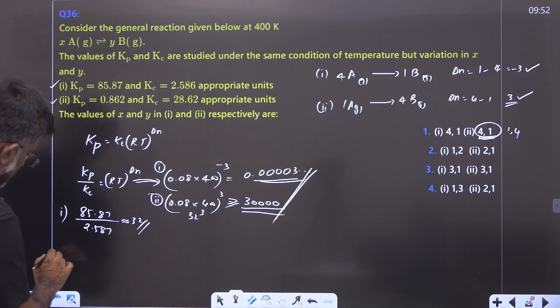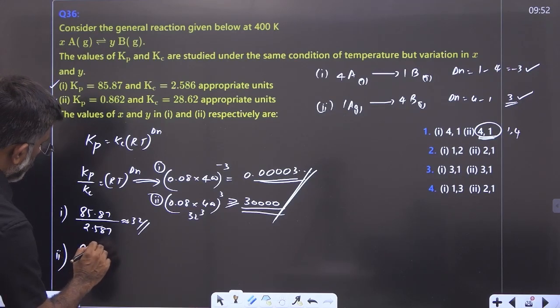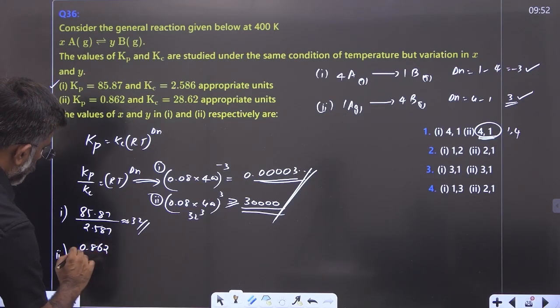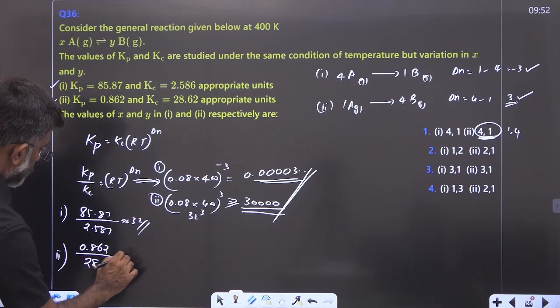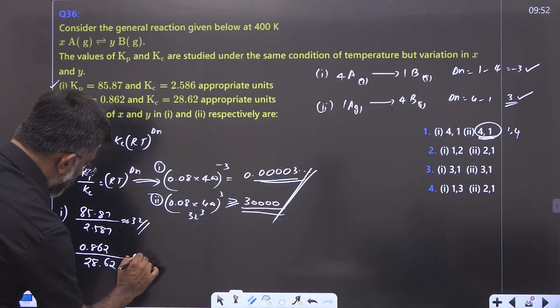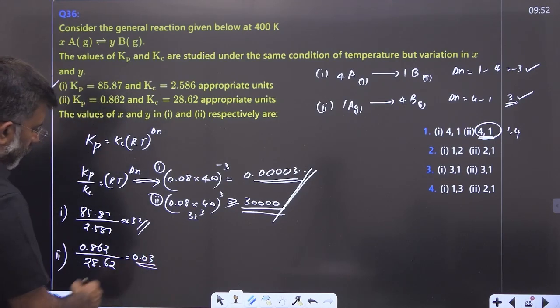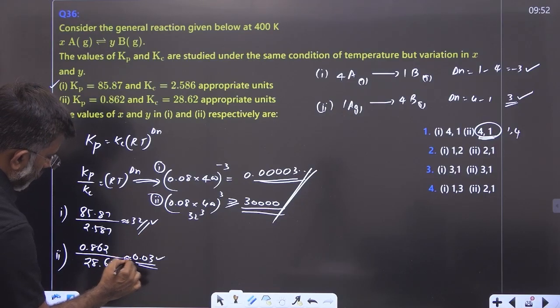Now let's take the second case: 0.862 divided by 28.62. That will come nearly 0.03. Anyway, for figures 1 and 2, I am talking about approximate values.